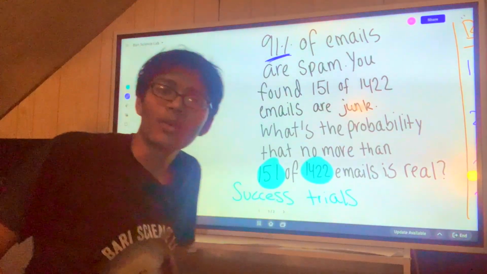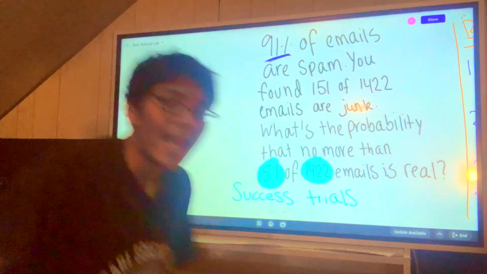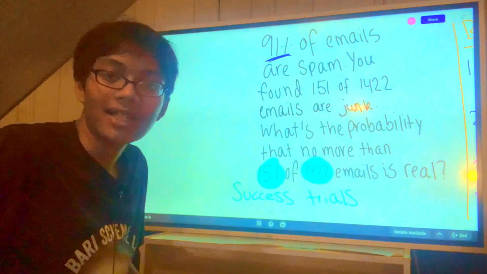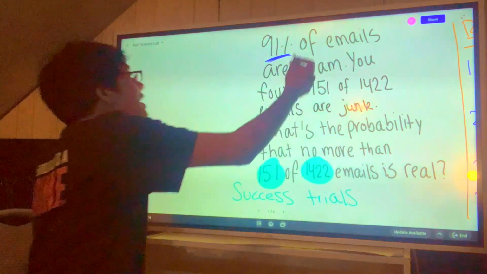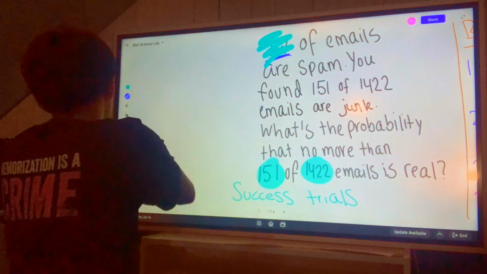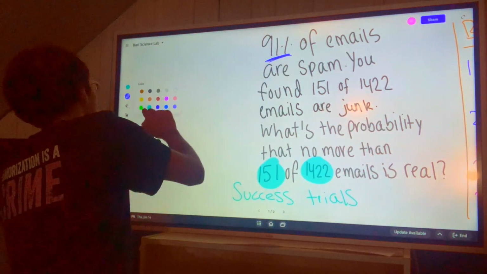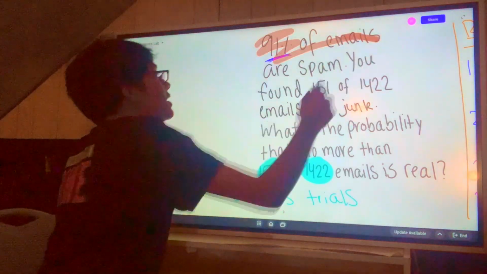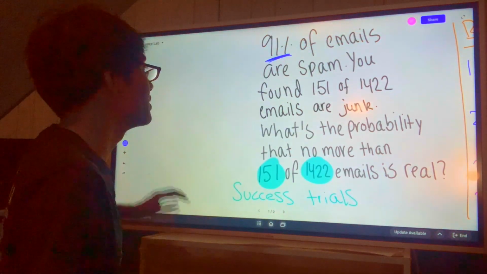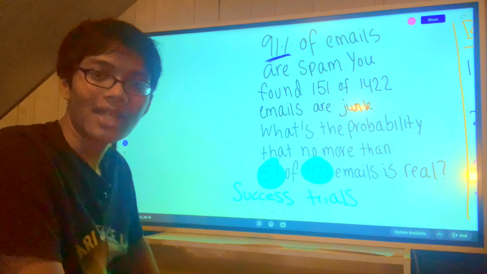Alright, so let's break it down. What is this question asking? Well, apparently some company, maybe Gmail or Google, tells you that 91% of emails are spam. It's a pretty famous company, so you kind of believe them.